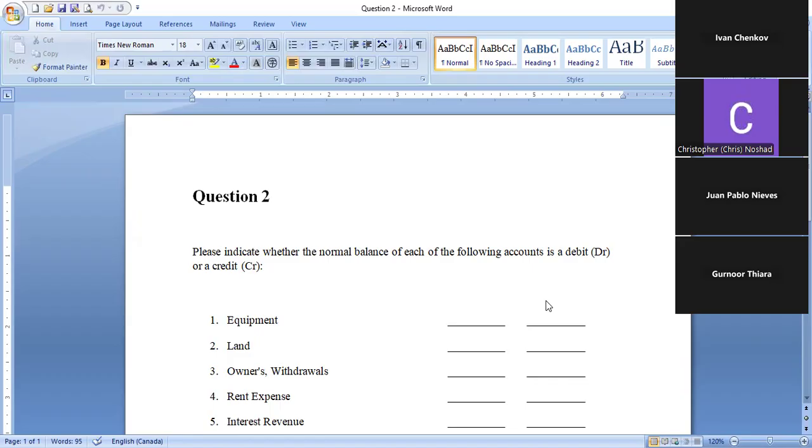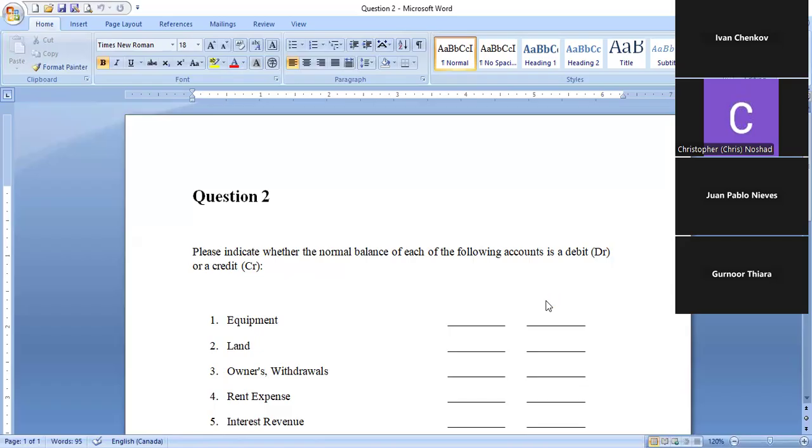Now, before we jump to the credit, the owner's withdrawal, remember, first it's a withdrawal account, right? Now, what happens with the owner's withdrawal? If you put it on the debit side, it's increasing. So the normal balance for the owner's withdrawal will be debit. It's not credit. Why? Because on the debit side, it decreases the owner's capital.